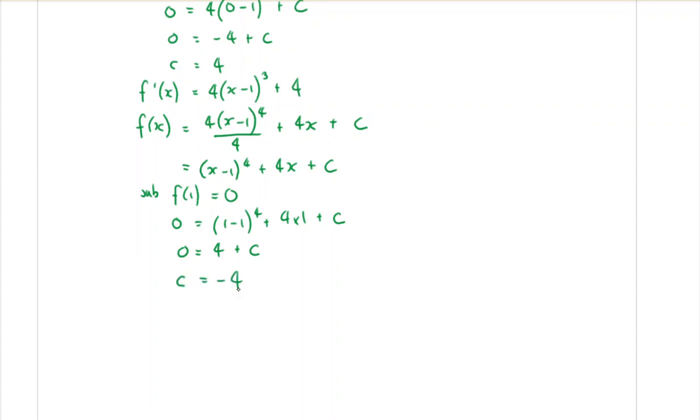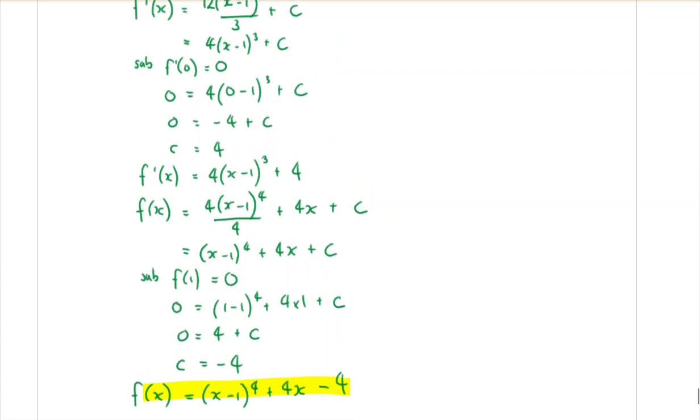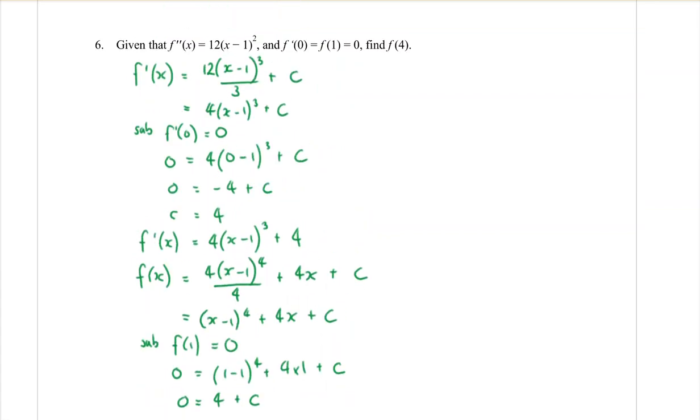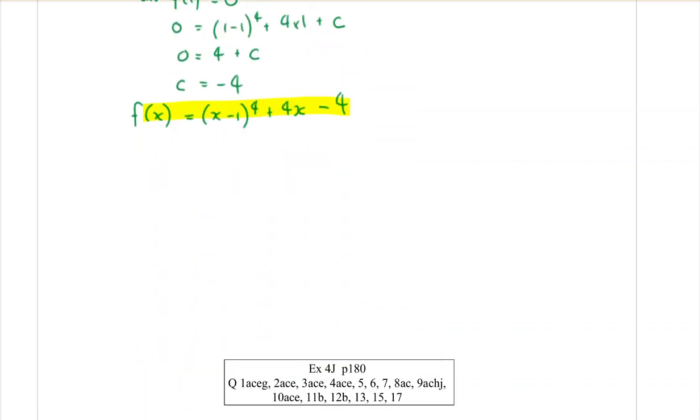I now have all of the information to write down the complete equation for f of x. It is x minus 1 to the power of 4, it is a plus 4x, and it is a minus 4 on the end. Now that's really cool just to get to there, but we have one final thing left to do because the original question said, once I finally found that f of x, I want to find f of 4, which means I now have to sub 4 into that equation.